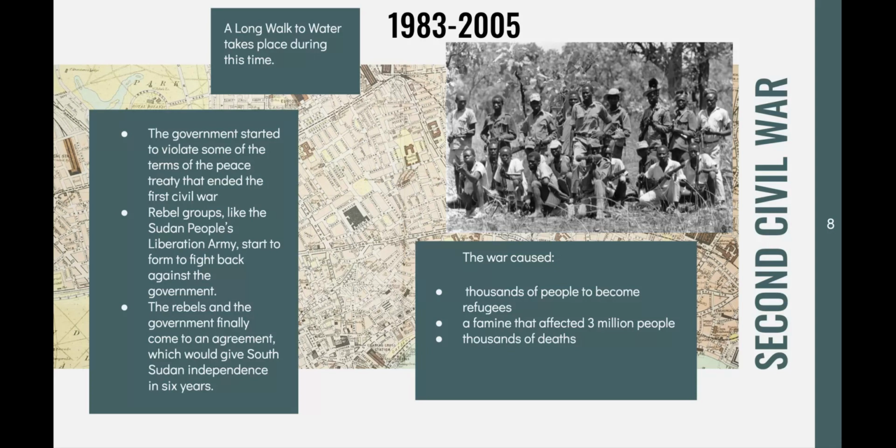However, this war was really devastating on the people of Sudan. The rebels and the government caused a lot of casualties and fatalities of innocent people, and a lot of people lost their homes and had to flee for their lives. So there were thousands and thousands of refugees, and it also caused a famine that affected 3 million people, and many people died from that.